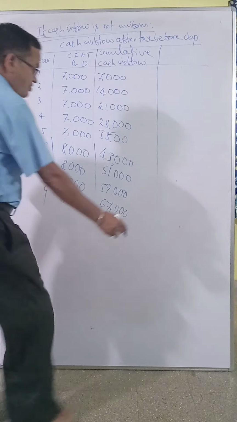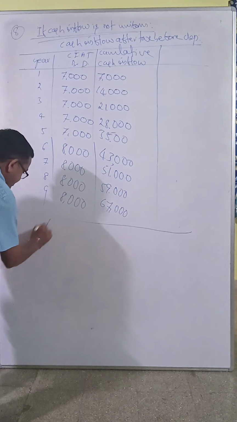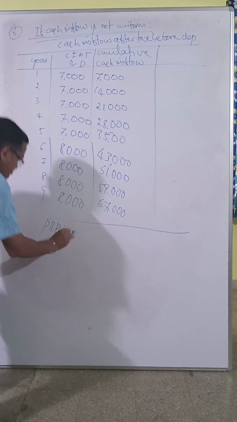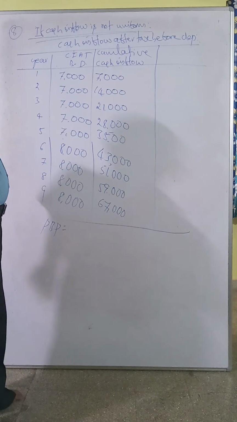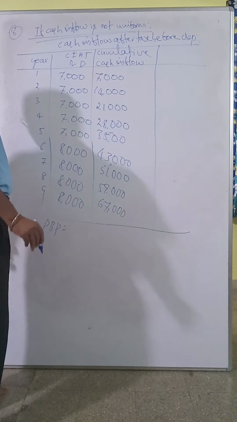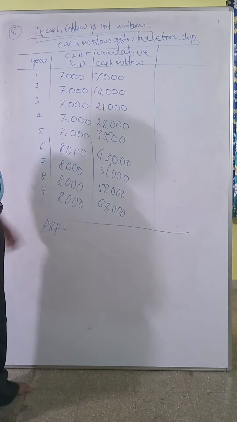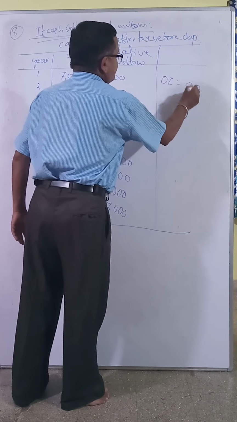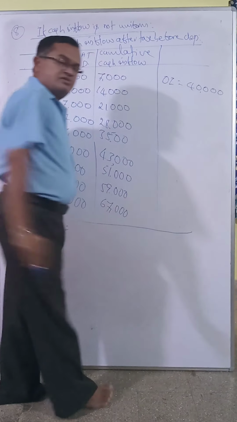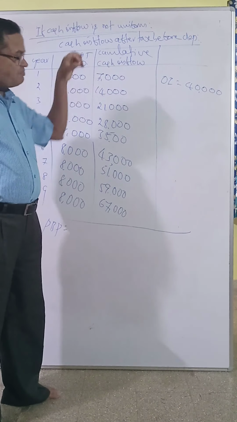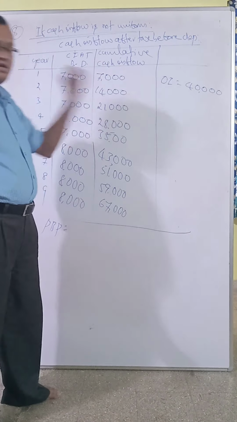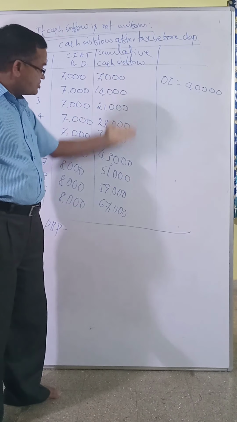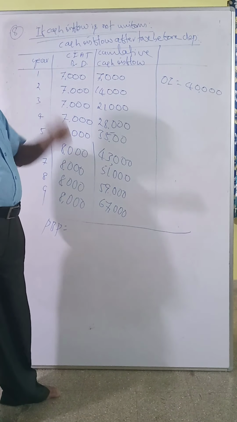Now the payback period is different. Our initial investment, the original investment the company invested in the project, is rupees 40,000. When will we recover it? In which year will we get back that 40,000 rupees?